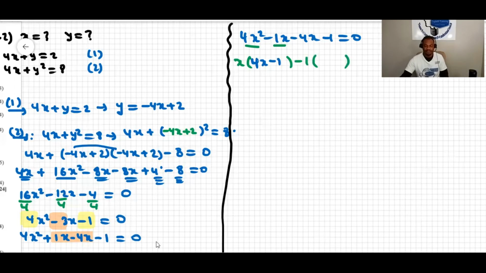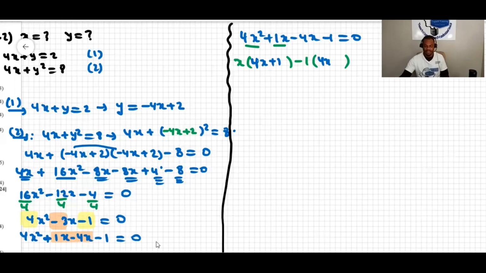Now, I take negative 1 as a common factor of the last 2 terms.